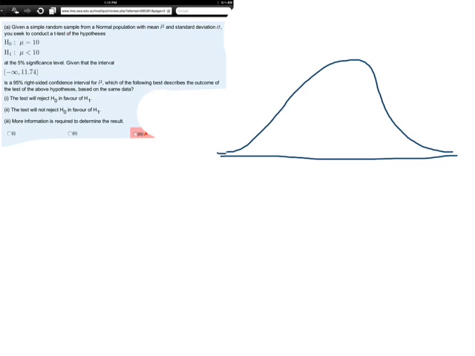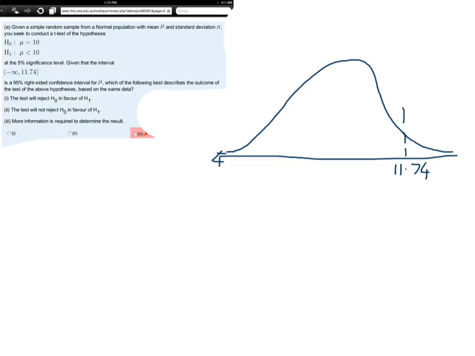So let's have a look at a diagram of what we've been given. Excuse my poor drawing. So we know that from minus infinity all the way up to a point here at 11.74 is a 95% right-sided confidence interval.